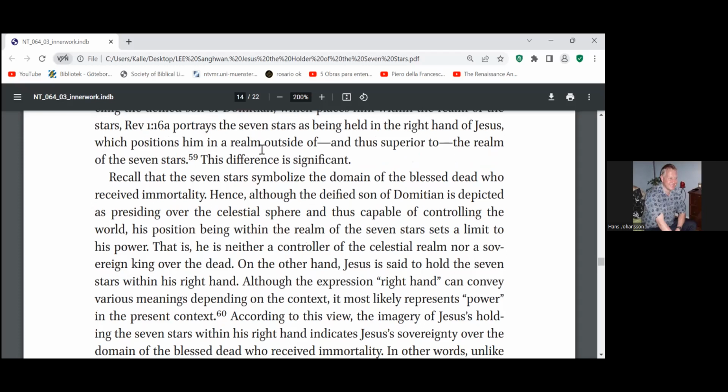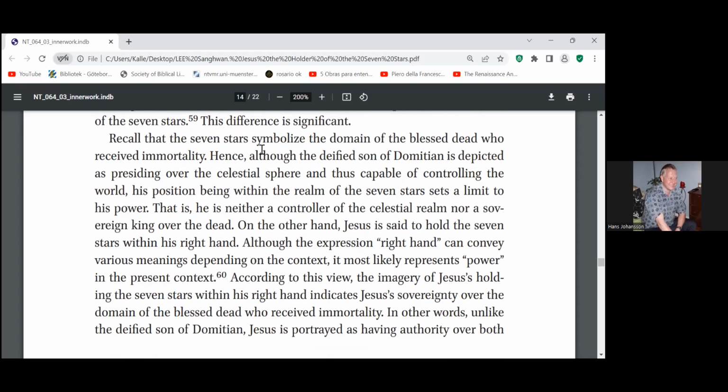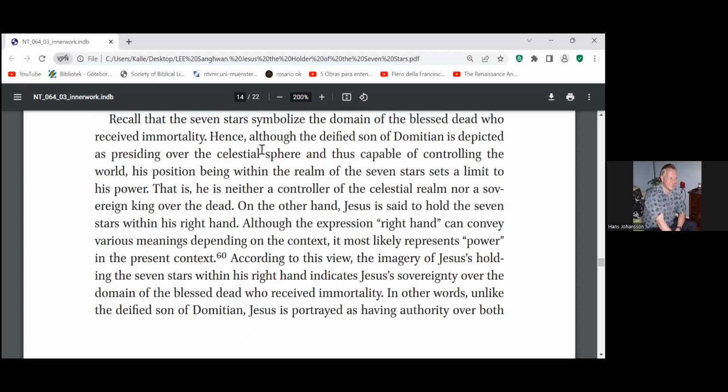This difference is significant. Recall that the seven stars symbolize the domain of the blessed dead who received immortality.